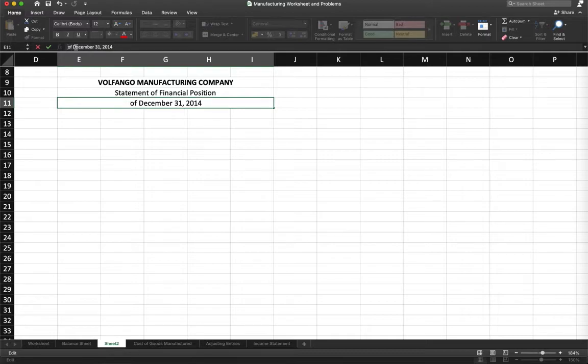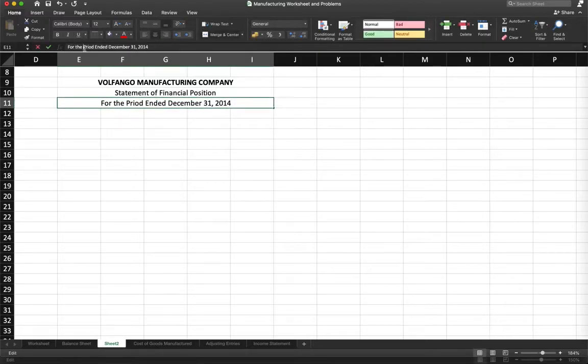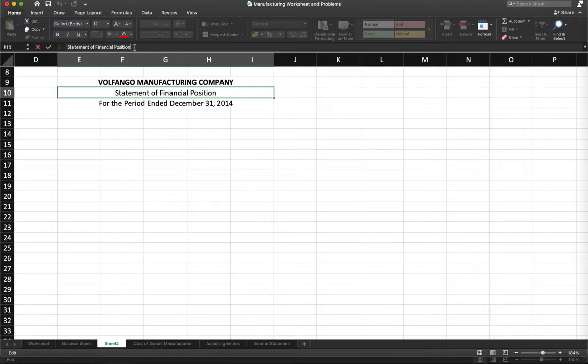Statement of changes in owner's equity for the period ended. Period ended. Hindi siya as of. Okay, kasi nag-iiba-iba naman for each period. Okay, so what is our first line item? Pagka statement of changes in owner's equity, palitan pala natin ito.